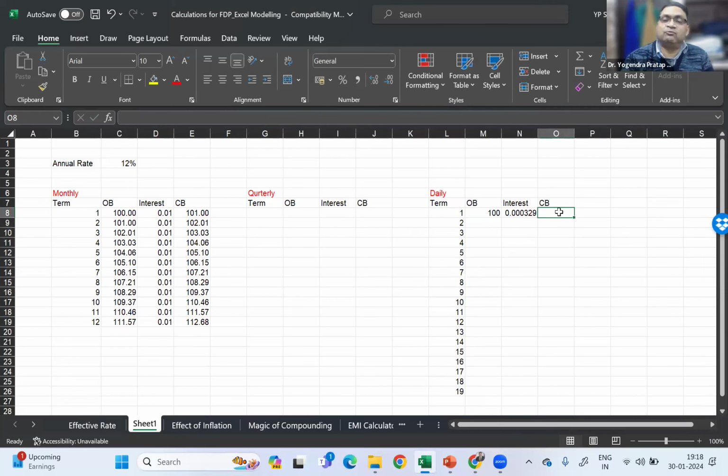Then what will be the closing balance? This into 1 plus this. This is your first month.